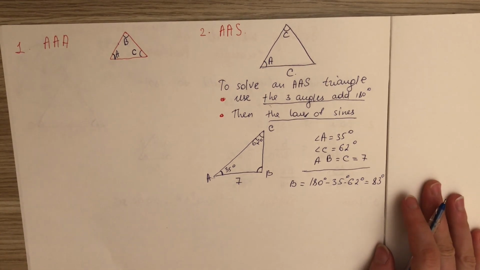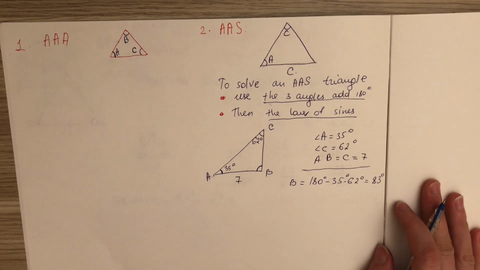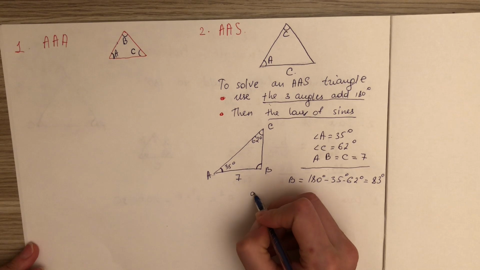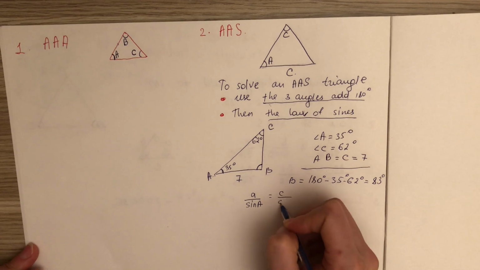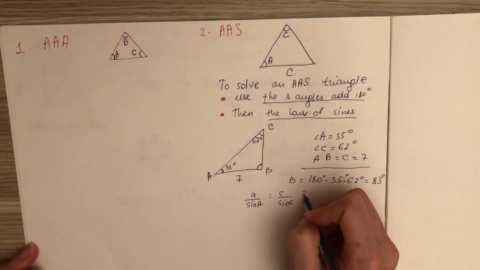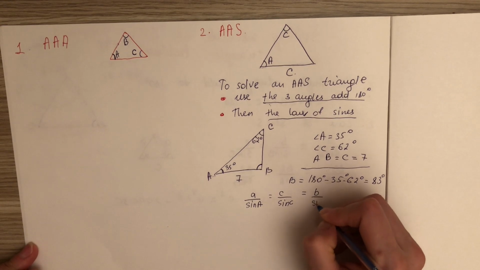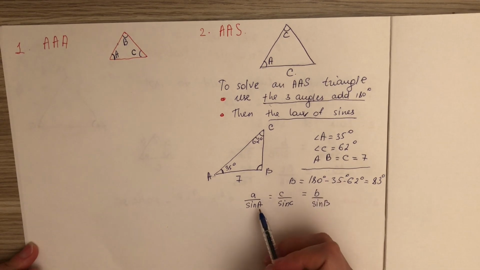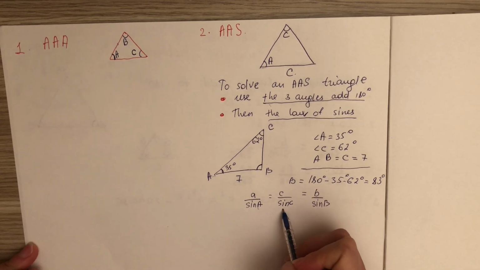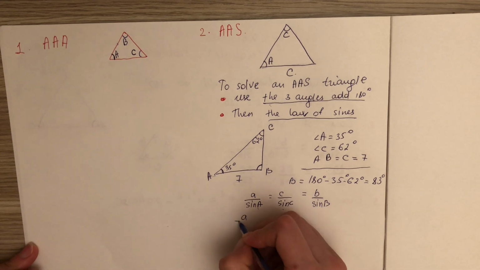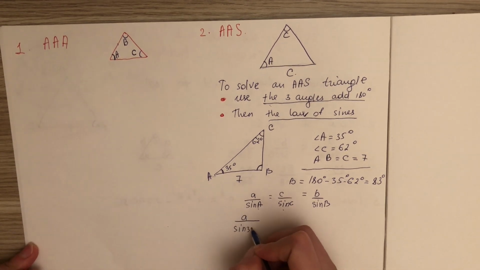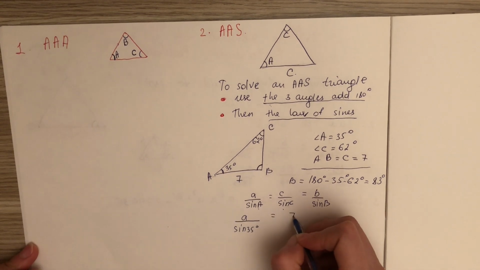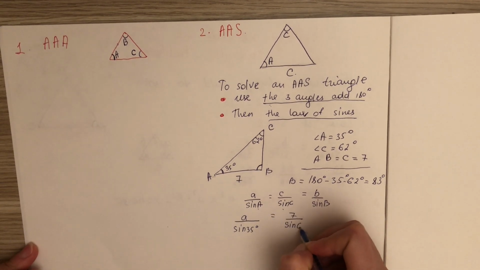We can also find the sides by using the law of sines. For example, A over sine A, C over sine C, and B over sine B. Here, A over sine 35 is equal to 7 divided by sine 62.